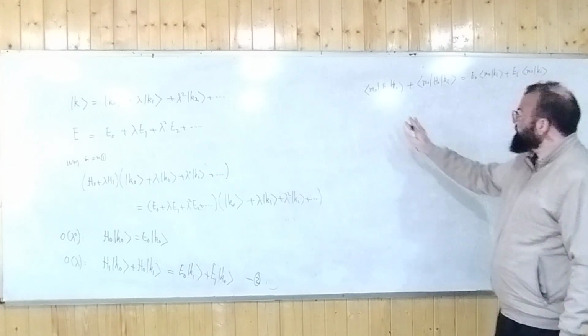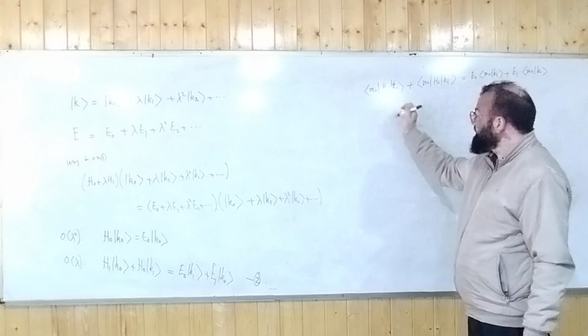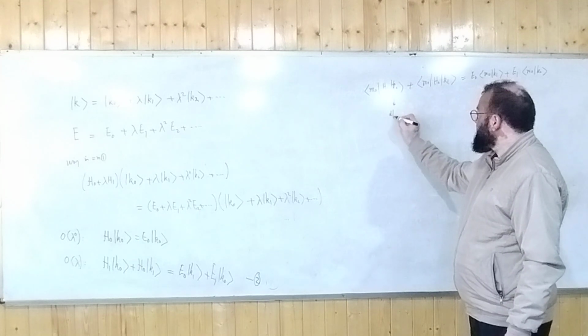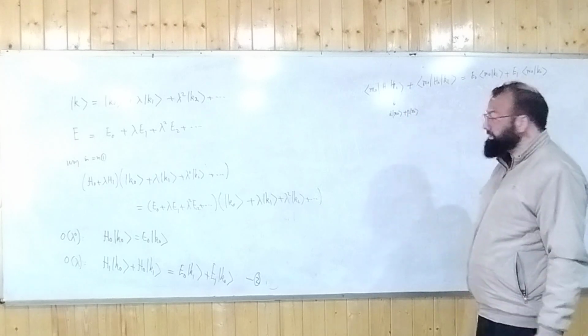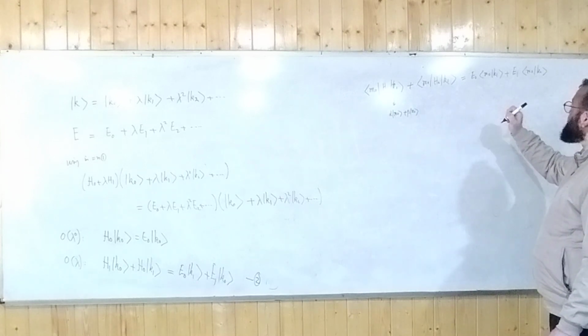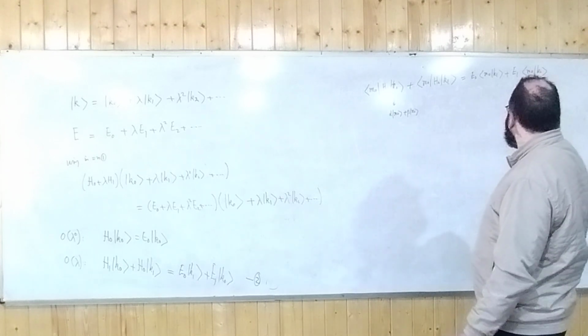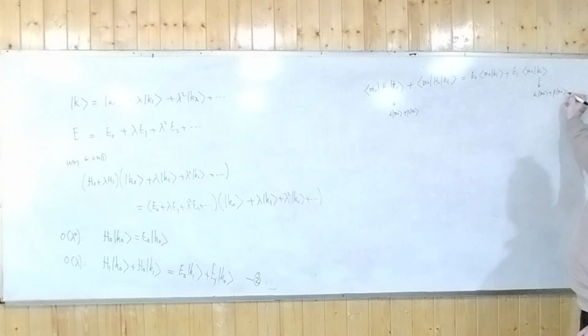Okay, so let's work it out. What is our K0? This K0 is alpha m0 plus beta n0. Clear? Got it? So here K0 is also alpha m0 plus beta n0.